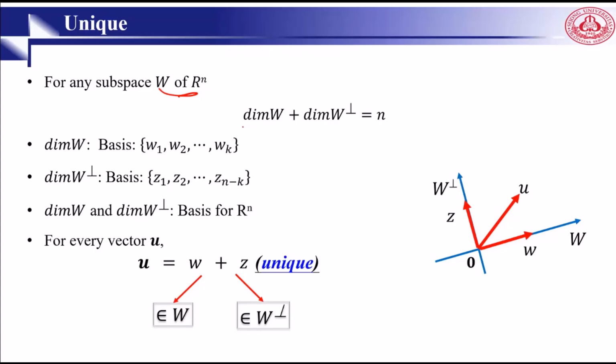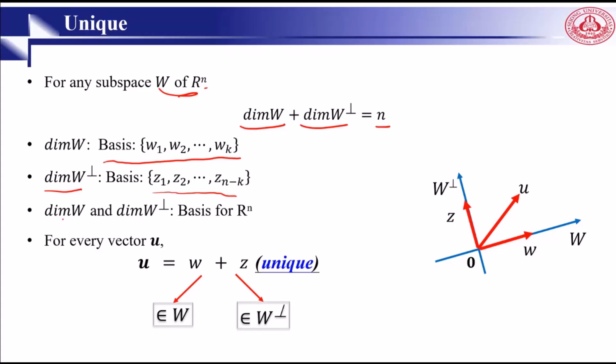So mathematically we write dim W plus dim W perp is equal to n. The dimension of W is represented by the basis w1, w2 up to wk, where k is the dimension of W. And the dimension of W perp is represented by the basis z1, z2 up to z(n minus k), where n minus k is the dimension of W perp.